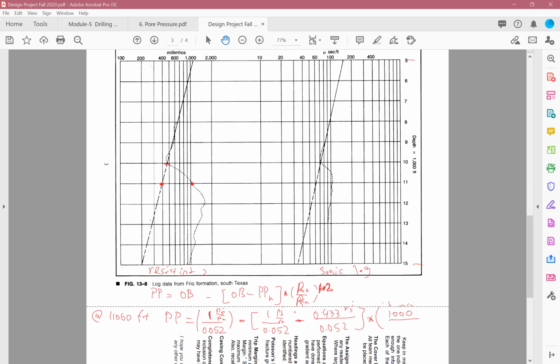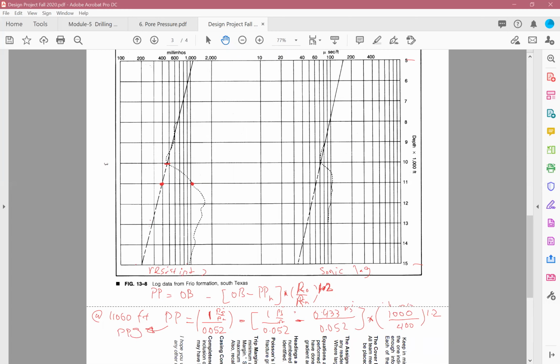And then you have your normal resistivity at the same depth, that is 400 milliohm, to the power of 1.2. And that's it. Once you calculate this, it gives you the equivalent pore pressure in pounds per gallon.